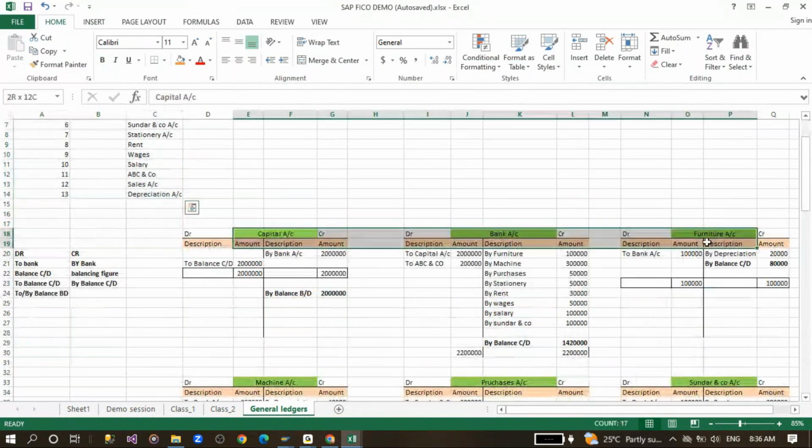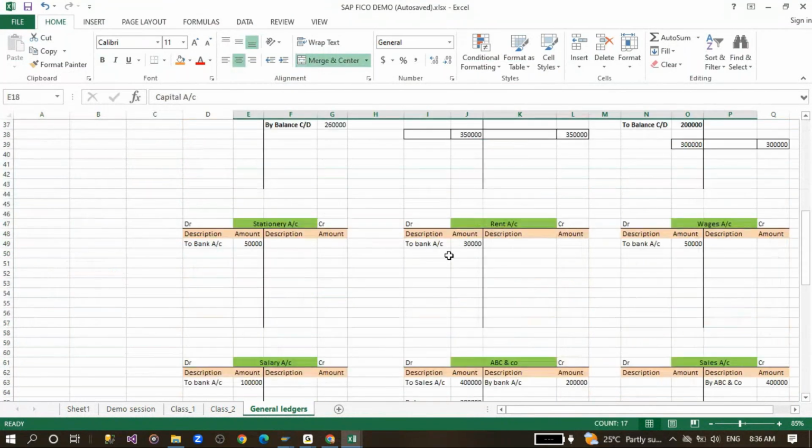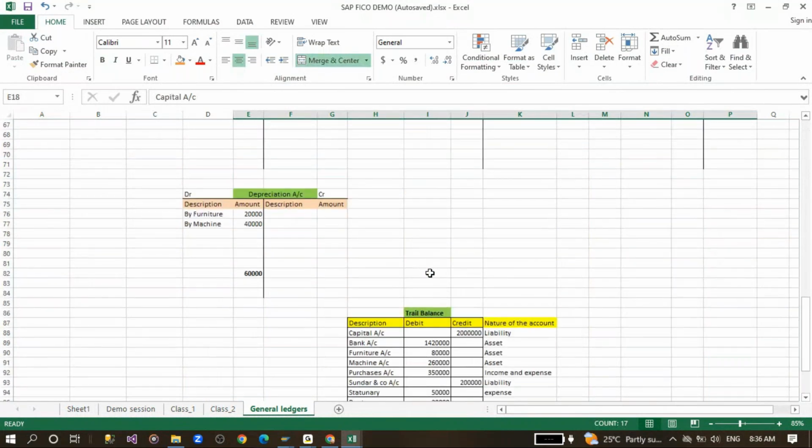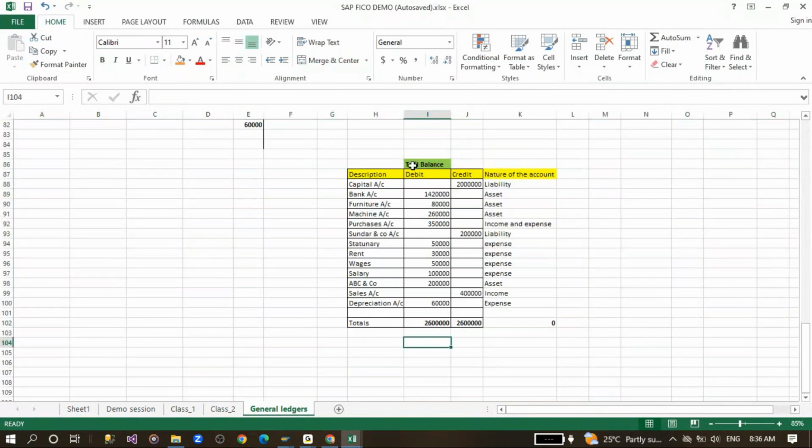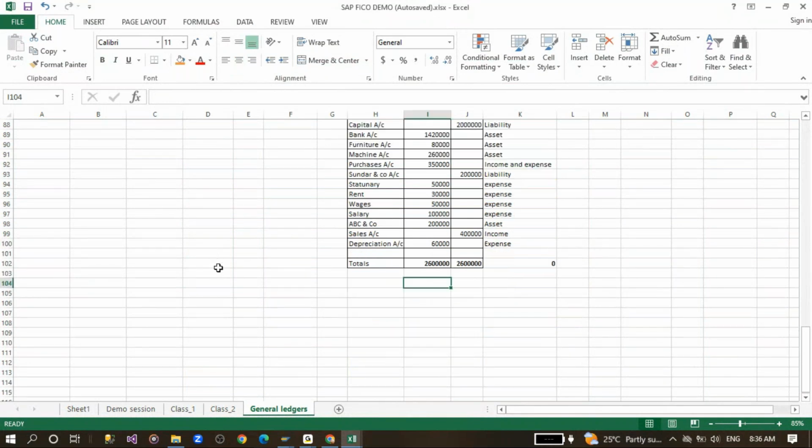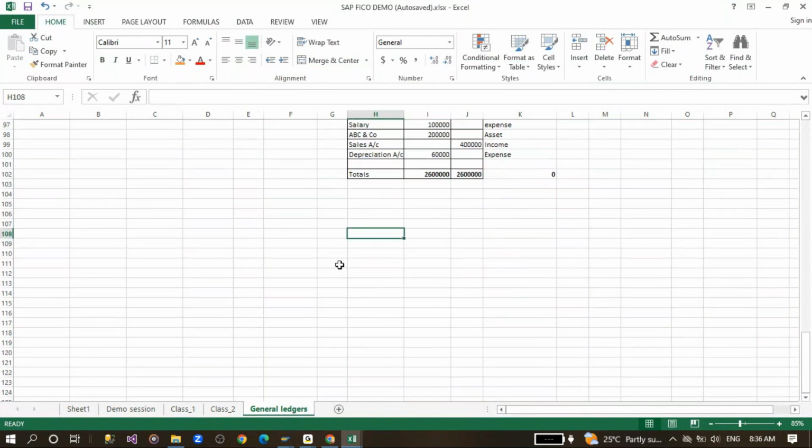Then we created the ledgers, and based on the ledgers, we created the trial balance. Now after the trial balance, we'll be creating the trading and profit and loss account.